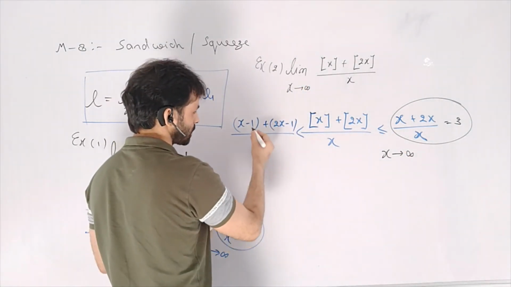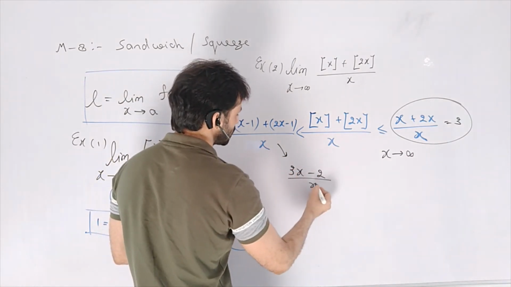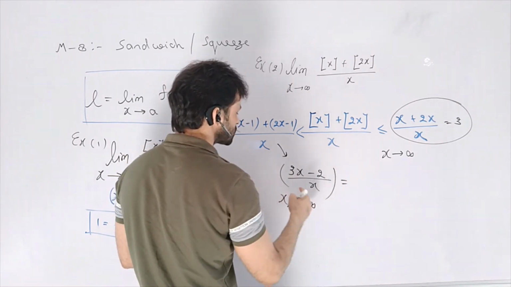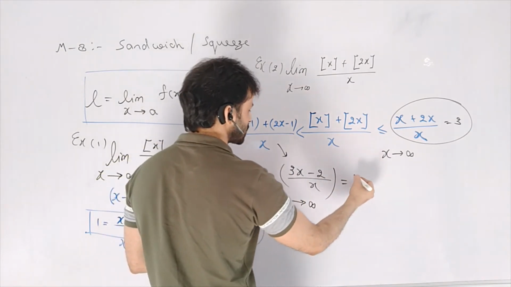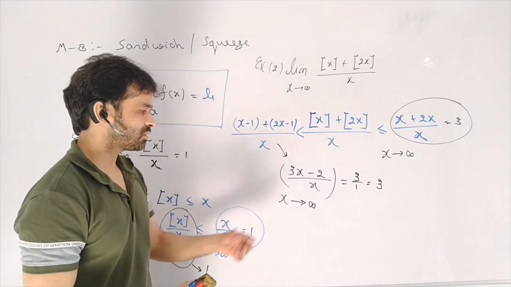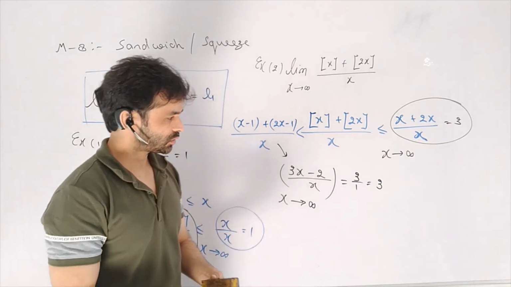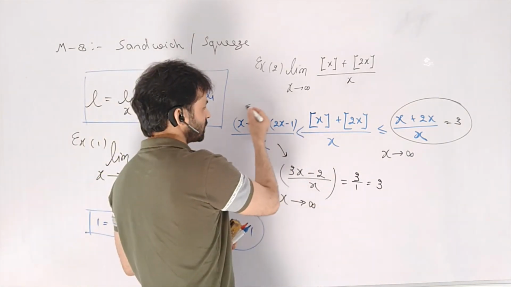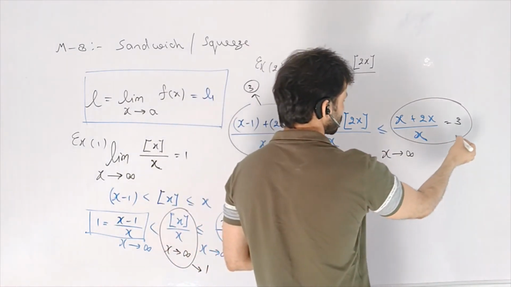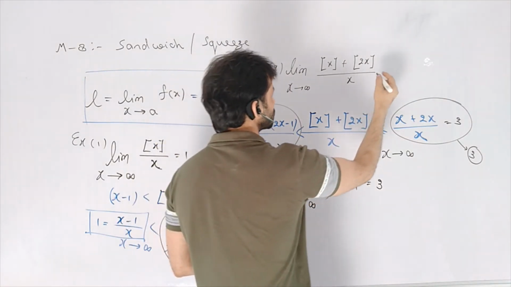This is (3x minus 2) by x, and for x tends to infinity, the value is a0 by b0, 3 by 1, that is 3. Infinity by infinity form, you know this method, our third or fourth method. So this has limit 3, and this also has limit 3. So the limit of this function has to be 3.